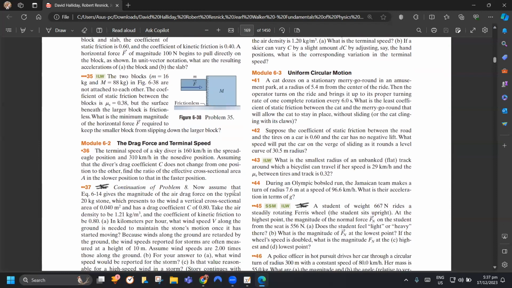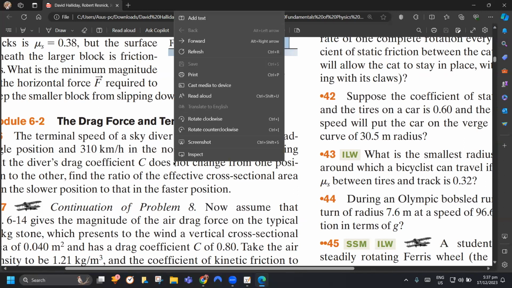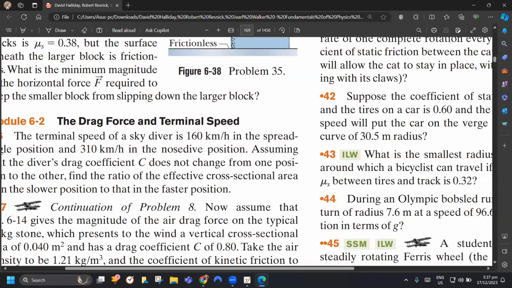So for 36, let's work out the terminal speed from first principles, so that instead of looking at the formula, when you need it, you can work it out as long as you know one half C A V squared. One half C, the drag coefficient, A, then V squared.